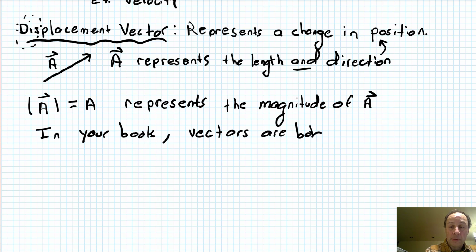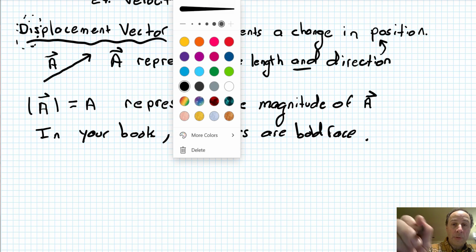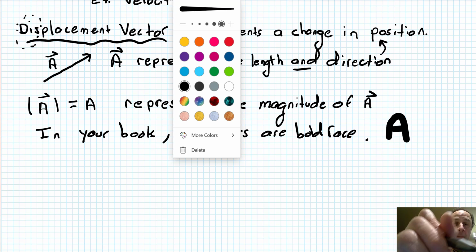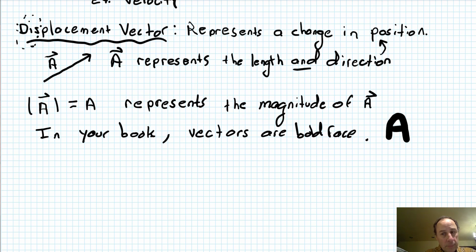Let me see if I can make a boldface A here. Oh, that's pretty bold. Okay, that's an exaggeration, but you get the idea. It's going to be much bigger, but no arrow.